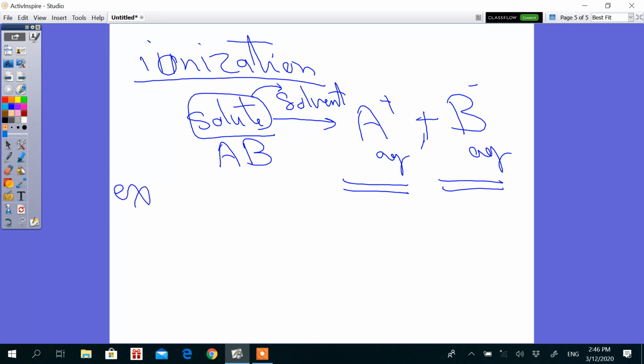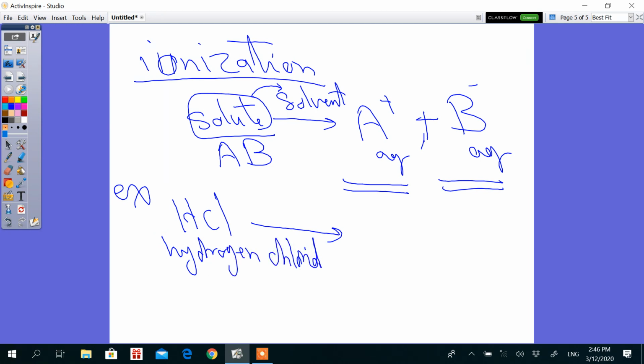Example: if I have something called HCl, it's called hydrogen chloride. You must know that HCl is hydrogen chloride. I know all of you are smart enough, but some of you say that HCl is hydrochloric acid.